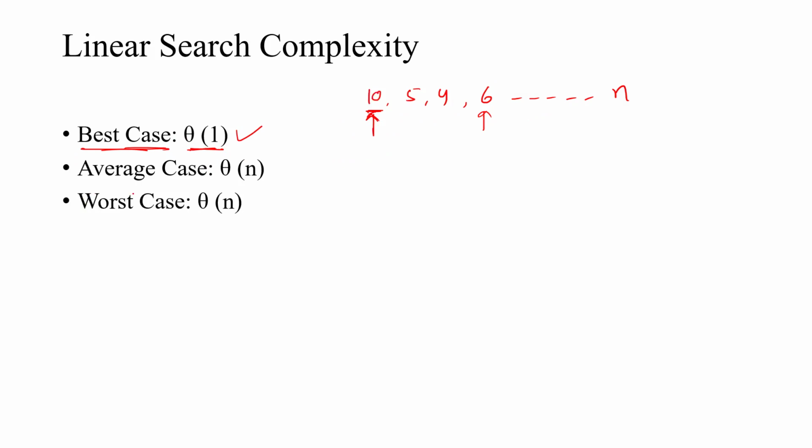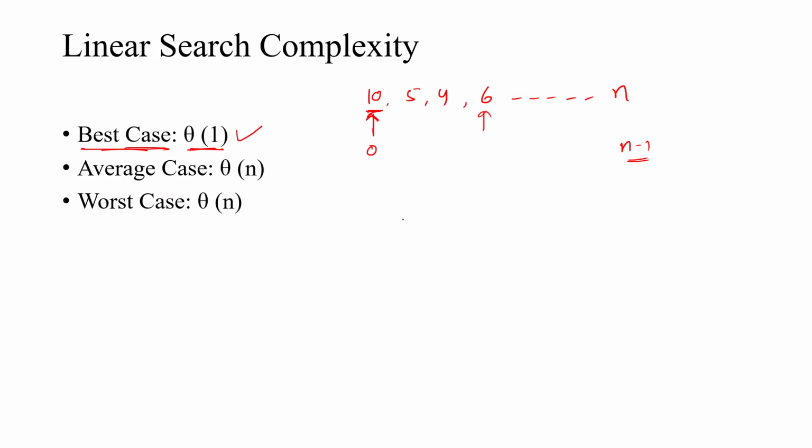Now we will discuss the average case and worst case. I will discuss the worst case first. Let's suppose I am running the loop. This loop will run from index number 0 to index number n minus 1, so a total of n times.